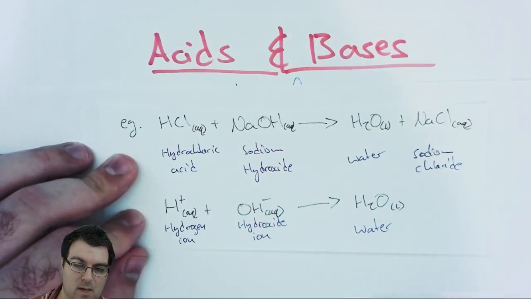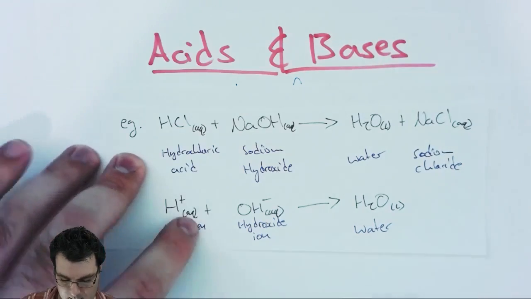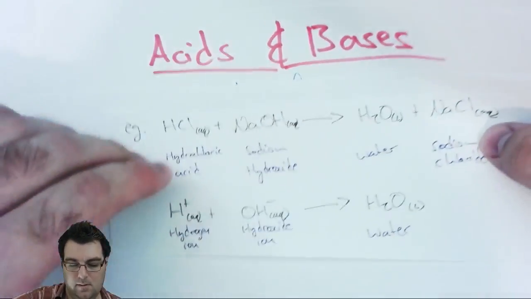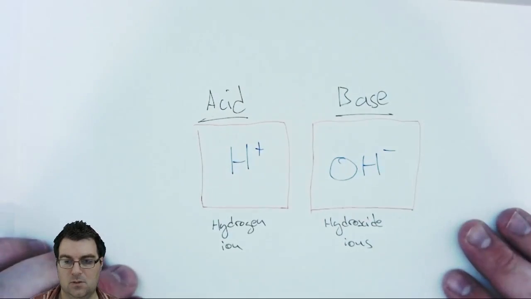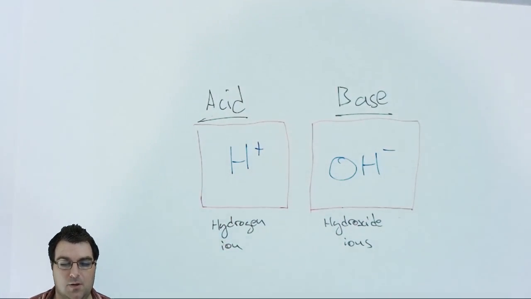That's the net overall chemistry that's actually happening. And what you need to be mindful of when talking about acids and bases is that you're most often talking about the reaction between a hydrogen ion and a hydroxide ion, and you need to keep track of those.